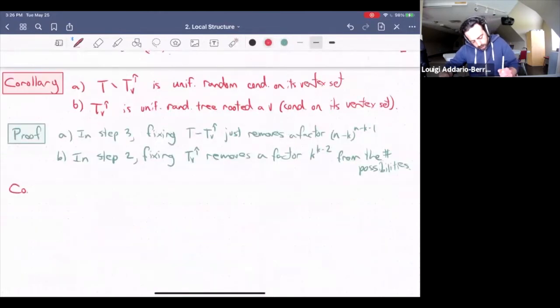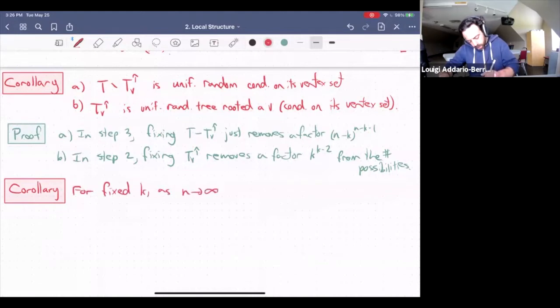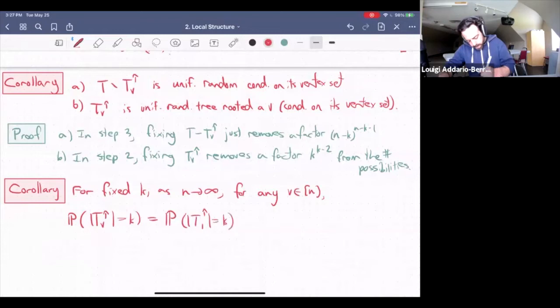And so what that tells us, this really is a corollary of the statement rather than of the proof, is that for fixed k, as n tends to infinity, for any v in [n], or if you like, uniformly over vertices of the tree, the probability that this subtree has size k is, so that's the same as if we just look at vertex 1, (1 plus little o(1)) k to the k minus 1 e to the minus k over k factorial.